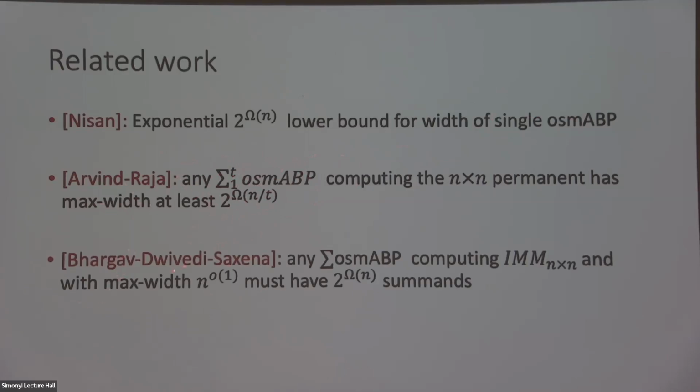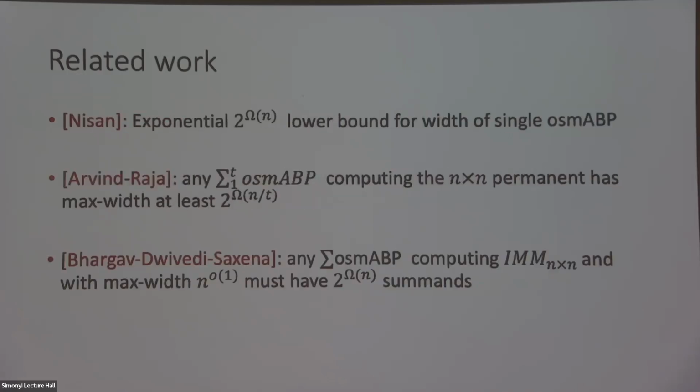And the Bhargav, Dwivedi, Saxena paper, which proved the set multilinearization result, they showed that if you force each layer to have small width, n to the little o(1), then you can prove exponential lower bounds. But for unbounded widths, their paper did not give any lower bounds.